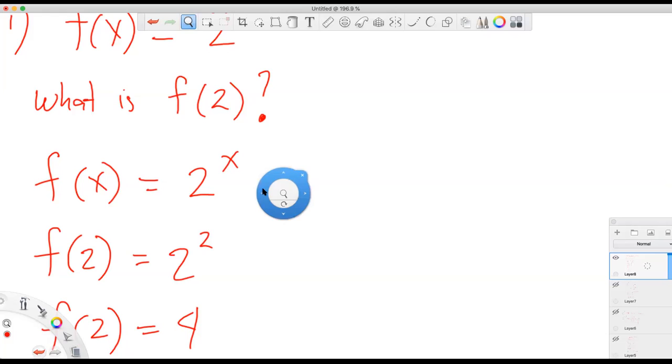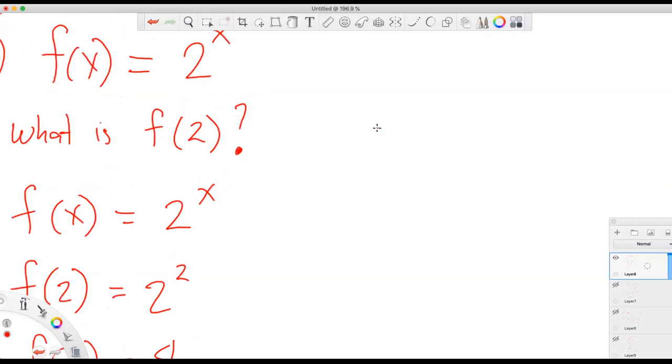Yes. Okay, so another example. Let me ask you, what is f of 0? When you plug it into 2 raised to x, what is f of 0?